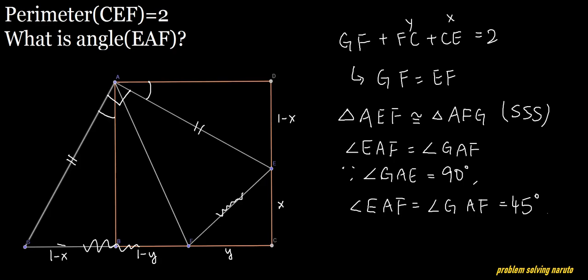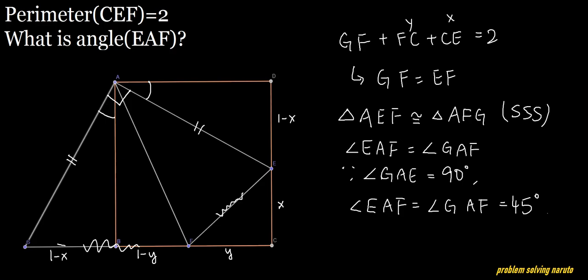Very often this works. Rotation is a very effective strategy for a geometry question involving any regular polygon, say an equilateral triangle or square or regular pentagon or regular hexagon.